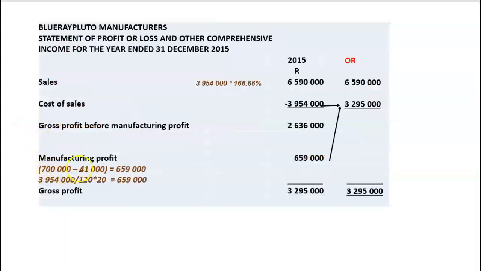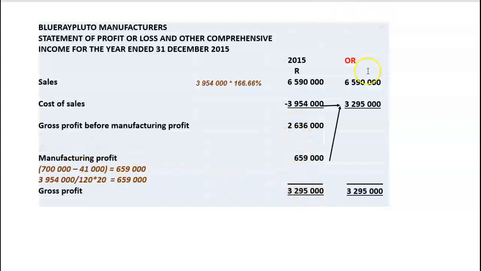So 700,000, the total unrealized, less 41,000 gives us 659,000. If I then add back the manufacturing profit, as I call it, you will see that in a number of the memos, I'm going to add back the cost of sales unrealized profit of 659 to our preliminary gross profit figure of 2,636, and that will give us a net gross profit of 3,295.